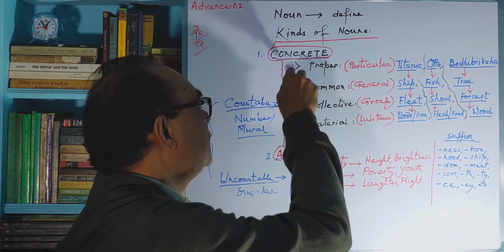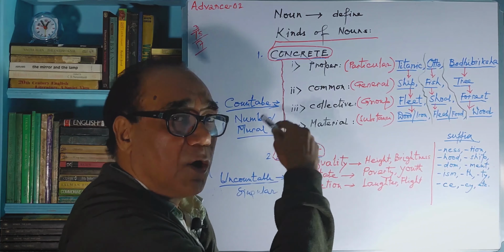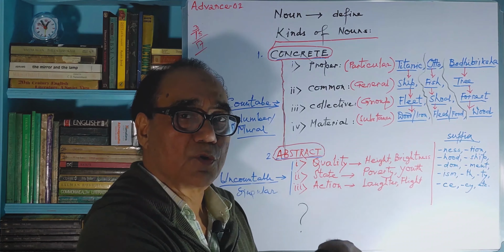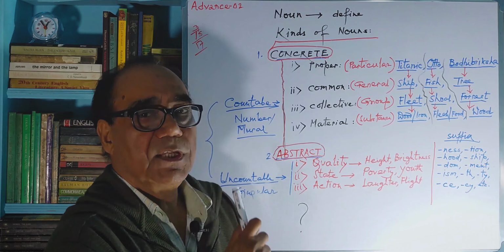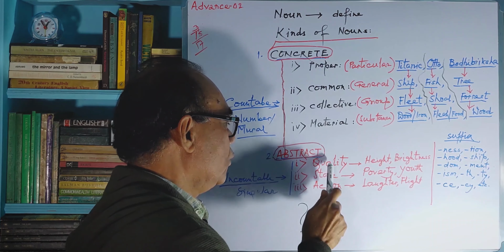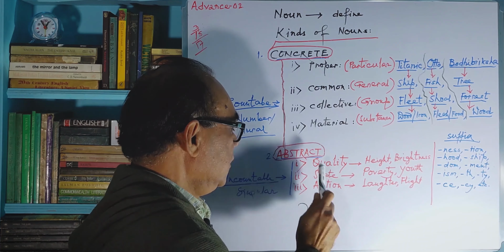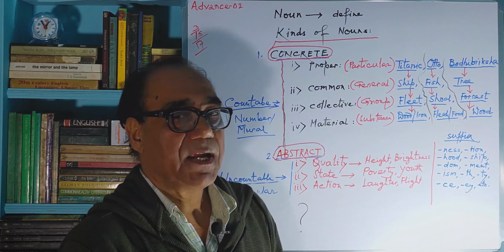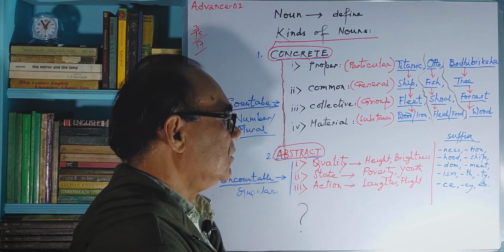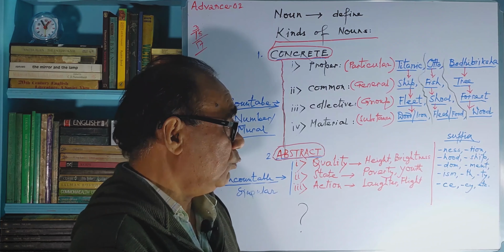As a whole, they are called concrete nouns. These are countable nouns. You can count 1, 2, 3, 4, etc. Now come to abstract noun. There are three parts: quality, state, and action. Quality means height, brightness. State: poverty, youth.